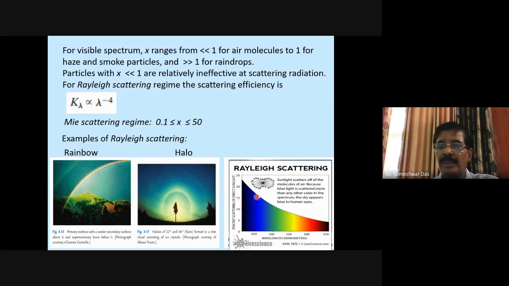The sunlight scatters off the molecules of air, and because blue light is scattered the most of any color in the spectrum, because of its much smaller wavelength, the sky appears blue to human eyes. You can see that this is the blue line, which has the maximum scattering. So the sky looks blue because of this maximum.